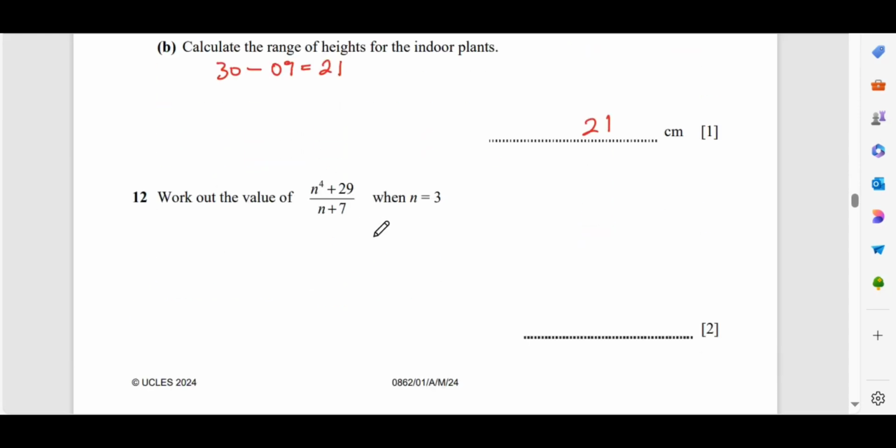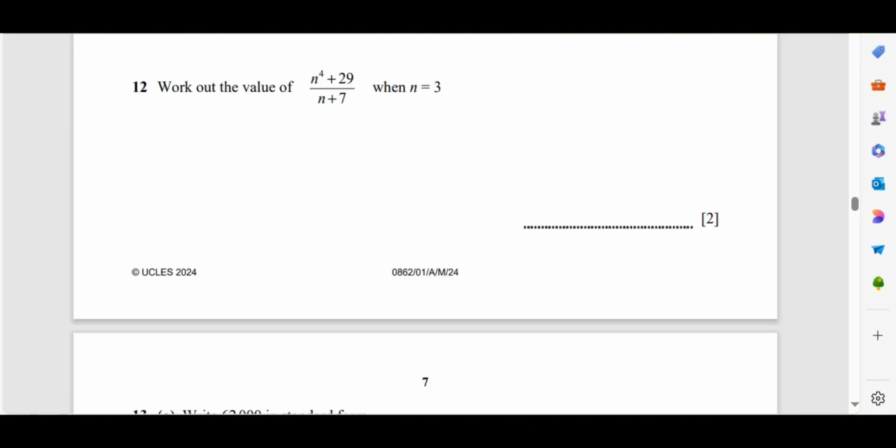So the next question we have is substitution of values. So let's quickly do this. We are given that n equals 3, and we have an expression in which we are going to impute the value of n. That will give us 3 raised to power 4 plus 29 all over 3 plus 7.